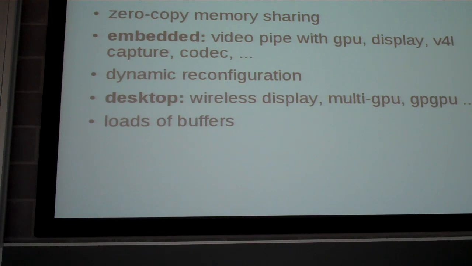And one important thing for the embedded use case is that we need to be able to support dynamic reconfiguration. Imagine a camera app where at the beginning you just stream the picture feed from the camera onto the display and you don't do anything in between. Then you press the record button, and we need to plug in the MPEG encoder to record the video stream, or maybe plug in the GPU to do still picture processing and sharpening.